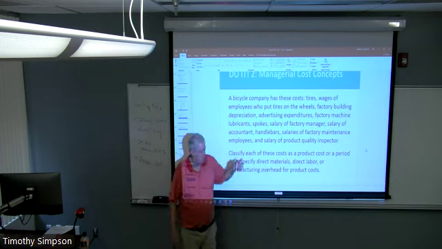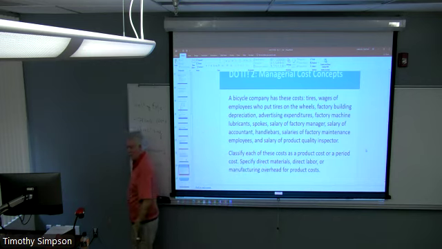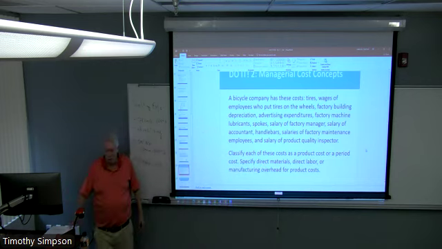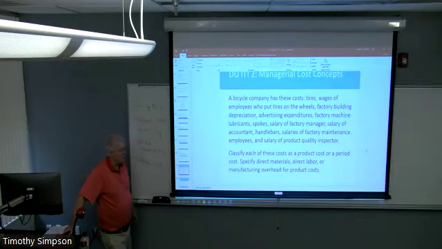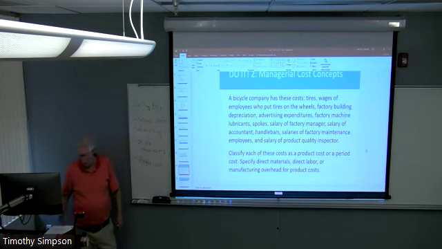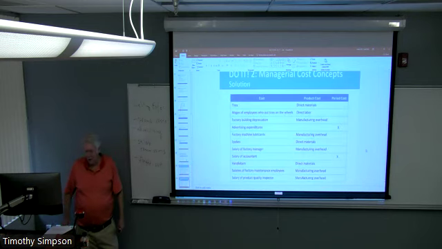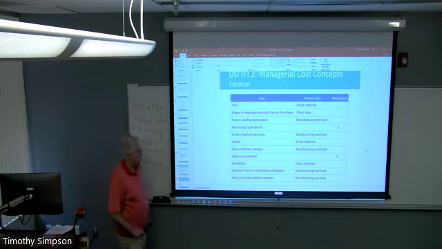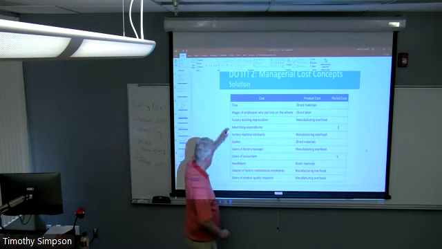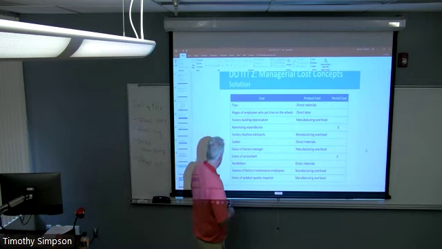Or it's just so small. Here's where we get to the idea of drops of glue or cc's of paint, however you measure paint, I don't know. It's too irrelevant, and so you would dump it into overhead. So this is again what you all came up with, and that's correct. These are the items we're talking about, and this is how we classify them.